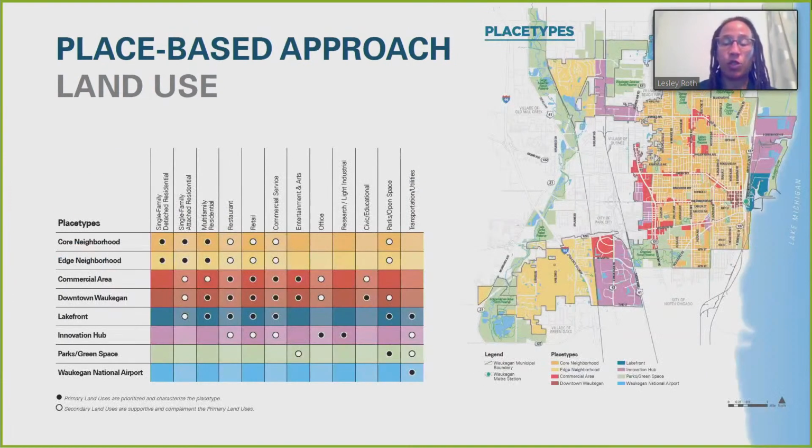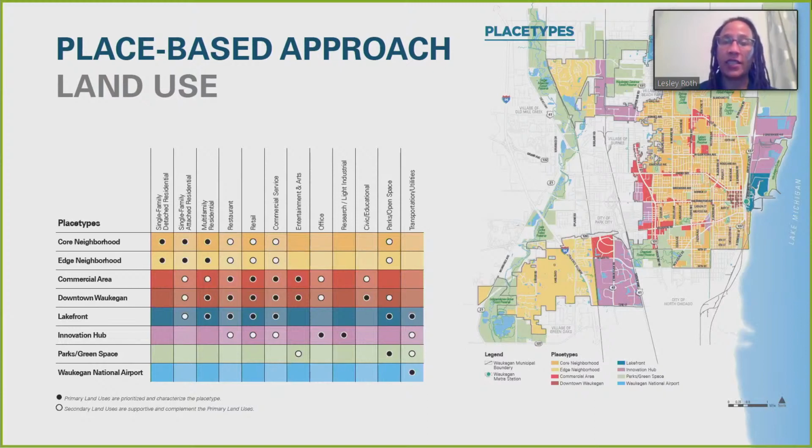The place-based approach is a little bit different than traditional land use planning. What we did is we took a look at the number of land use categories that are currently available in the city of Waukegan. In this diagram, those are going across the top, starting with single-family detached residential.